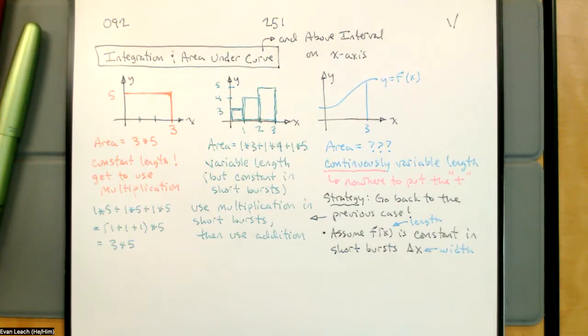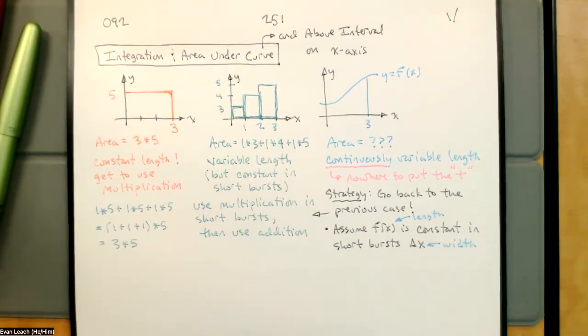Once f of x is constant in short bursts, delta x, we get to use multiplication on those short bursts, just like we did in the previous case, because that's all we ever do. Go back to the previous case and adapt it for the new case.